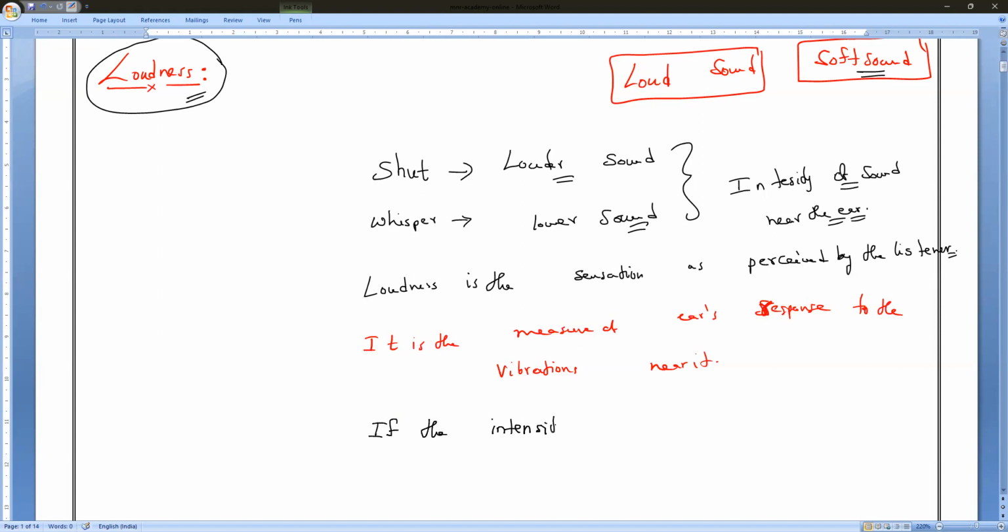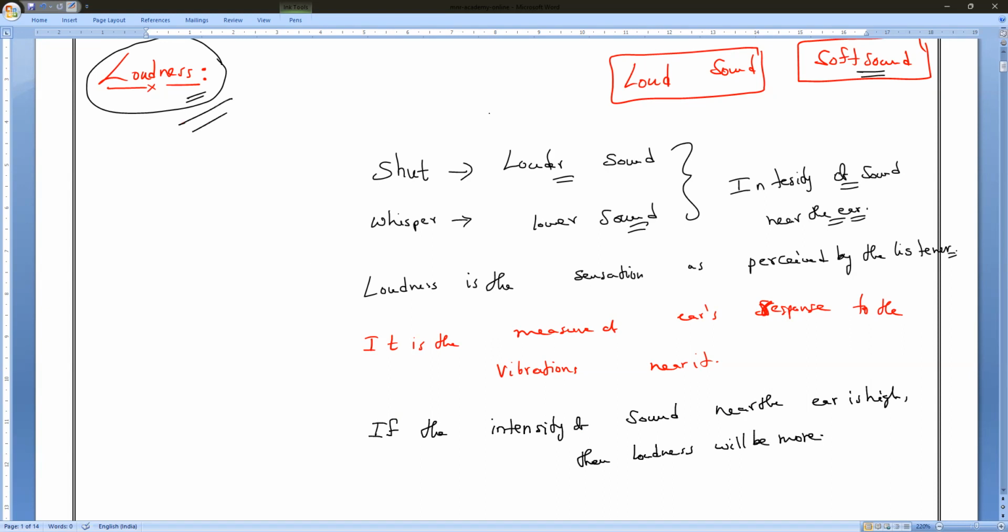If the intensity of sound near the ear is high, then the loudness will be more. That is what you have to remember.